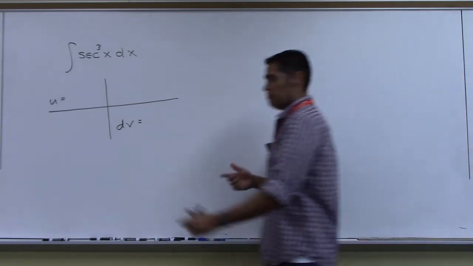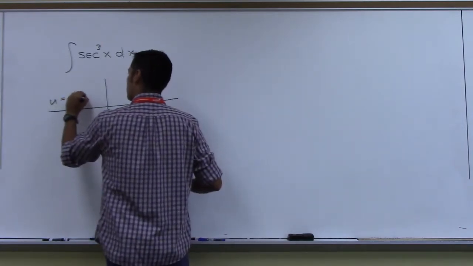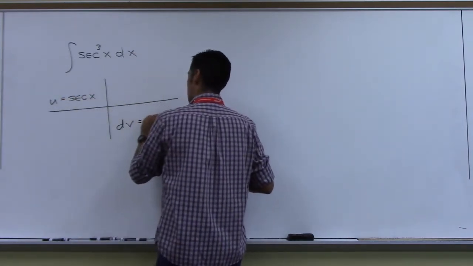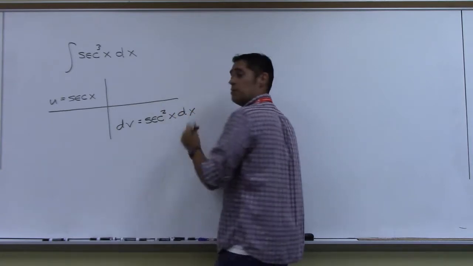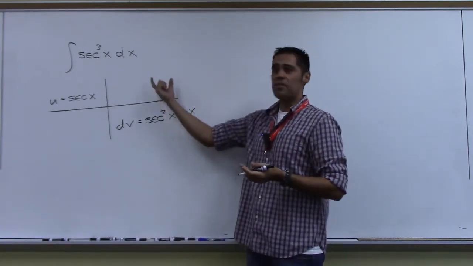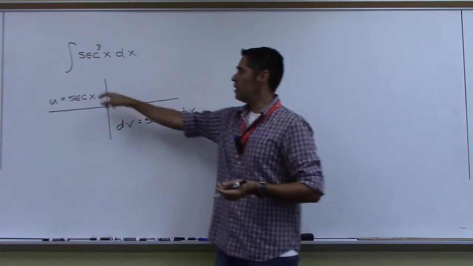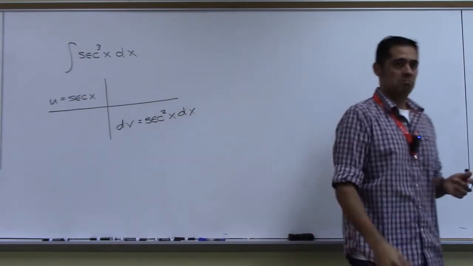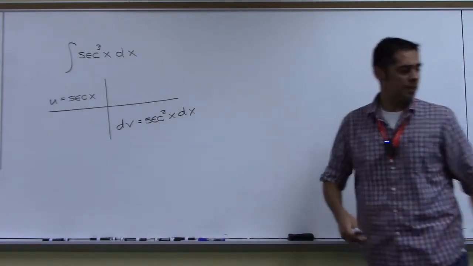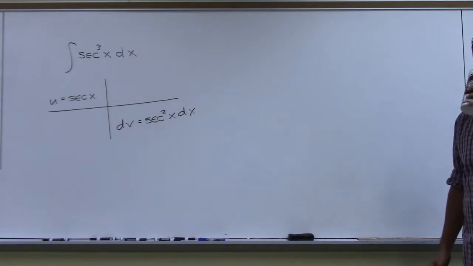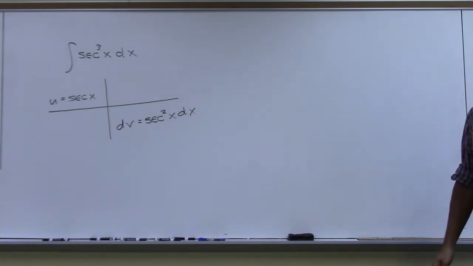Secant for u, and secant squared x dx for dv, right? Because you can integrate secant squared, and you can differentiate secant. Perfect. Yes? I have a question. What about the secant squared? Can't you take a secant out, turn it into a 1 over cosine?